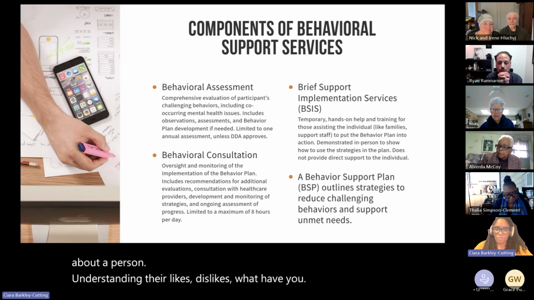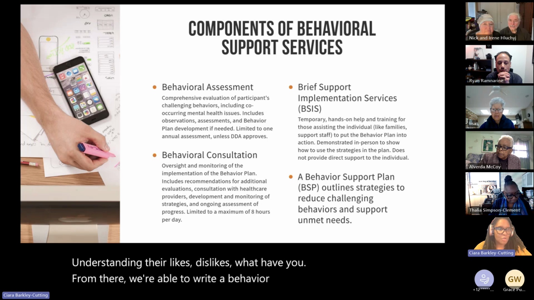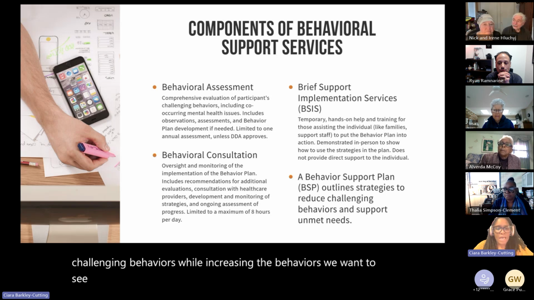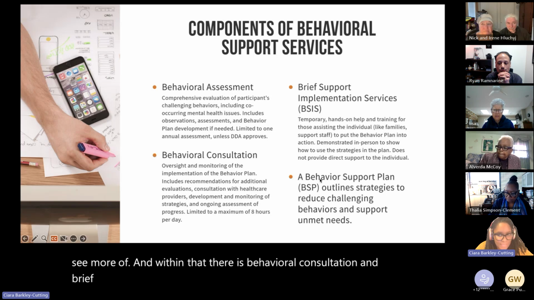From there, we're able to write a behavior support plan that has goals. Generally, we are working to reduce some of those more challenging behaviors while increasing the behaviors we want to see more of. And within that, there is behavioral consultation and brief support implementation services.